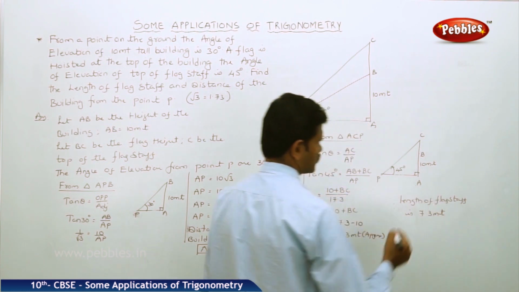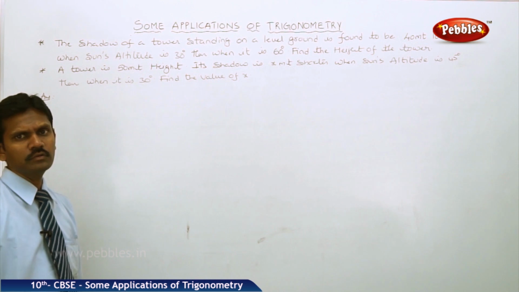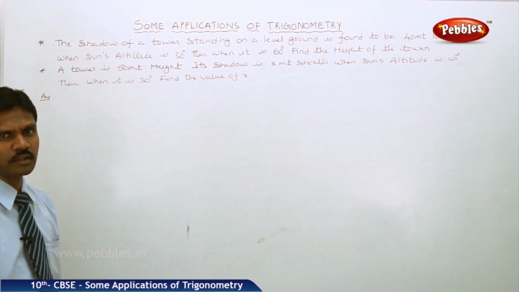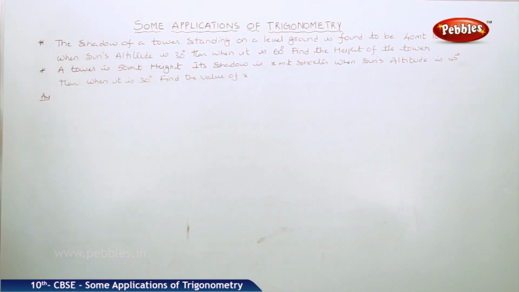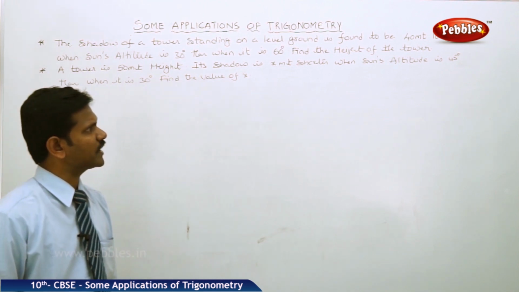7.3 meters. The shadow of a tower standing on a level ground is found to be 40 meters longer when the sun's altitude is 30 degrees than when it is 60 degrees. Find the height of the tower.